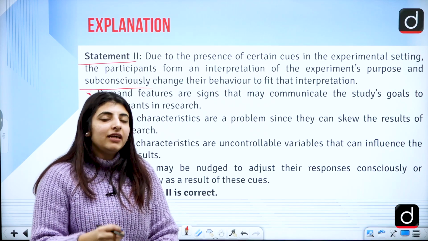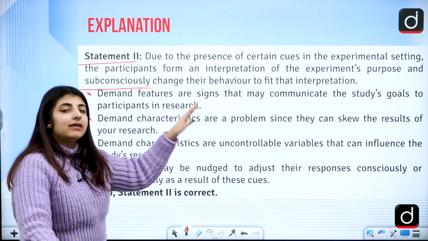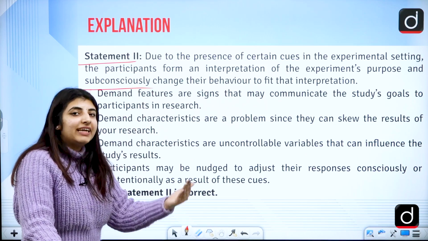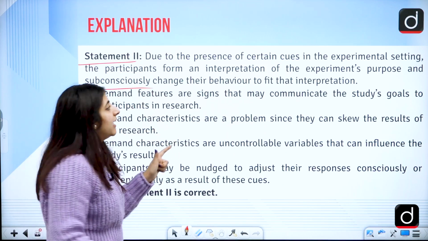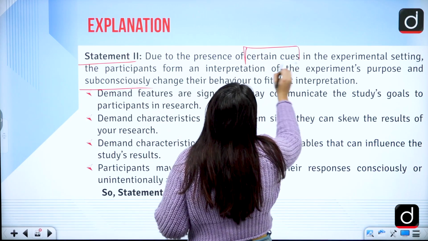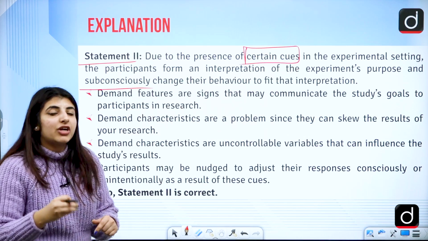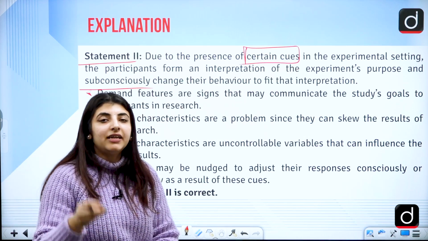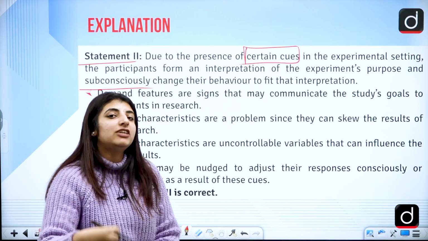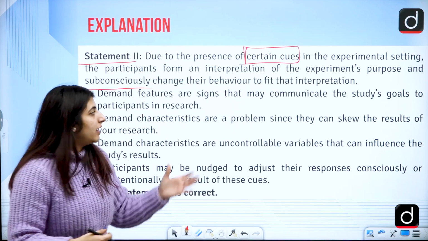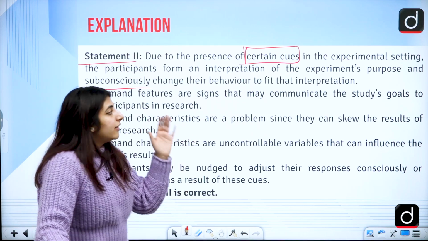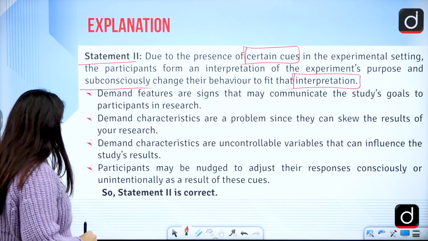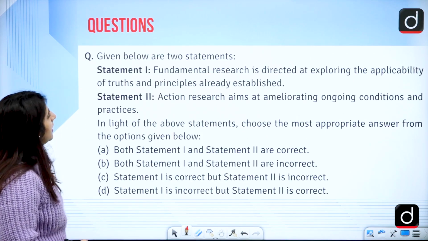From that, I will be able to see, and that will subconsciously affect me as a participant, and I will also answer yes. So this is being done because of the presence of certain cues which affect the subconscious mind of the participant, and hence he tends to answer based on the observations, which is the interpretation of the researcher. Hence, statement 2 is also correct.